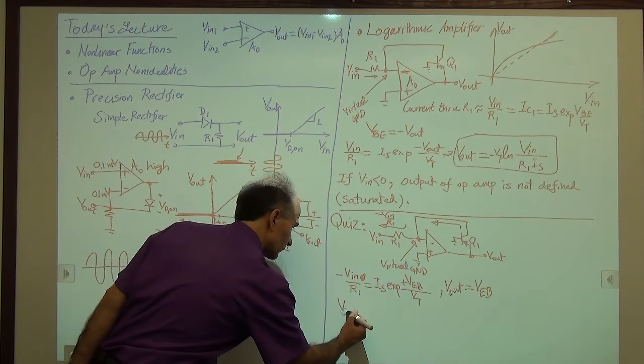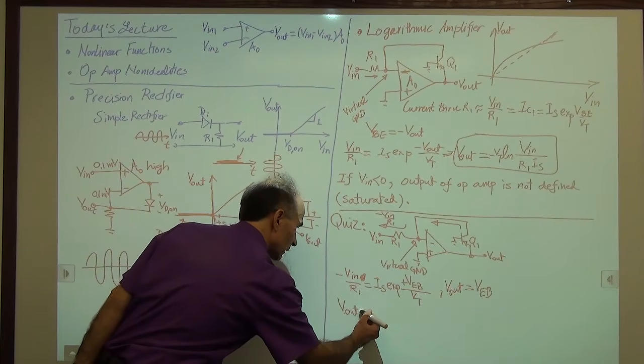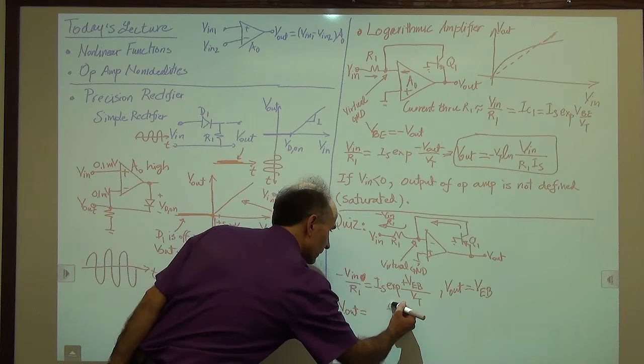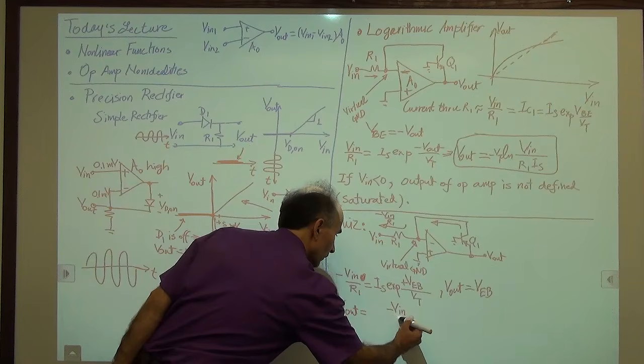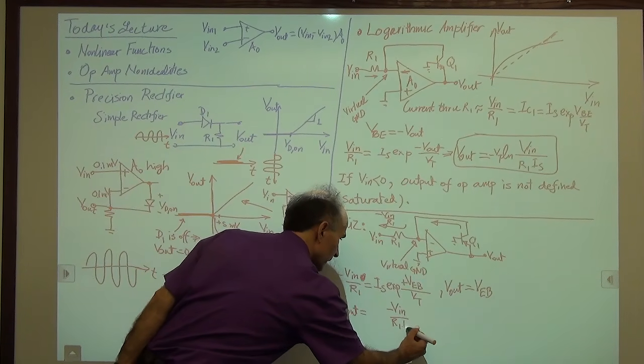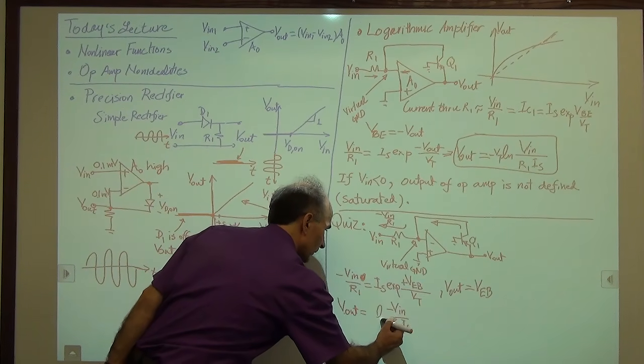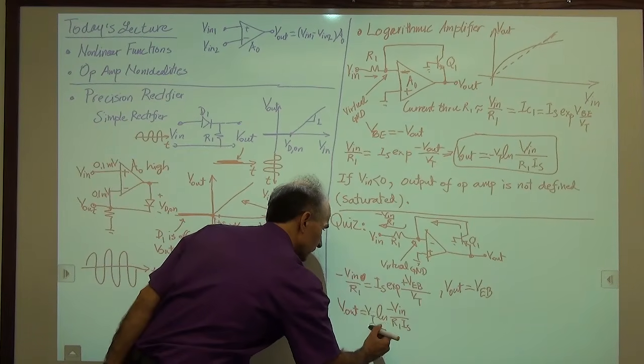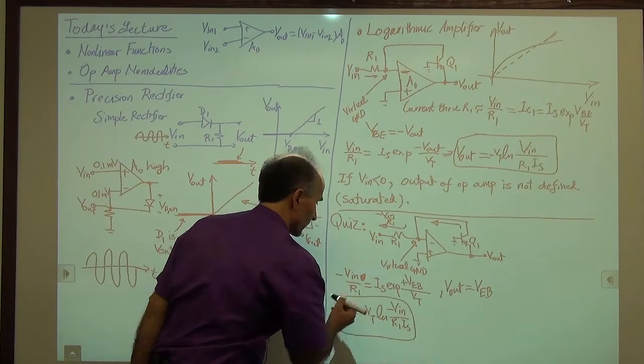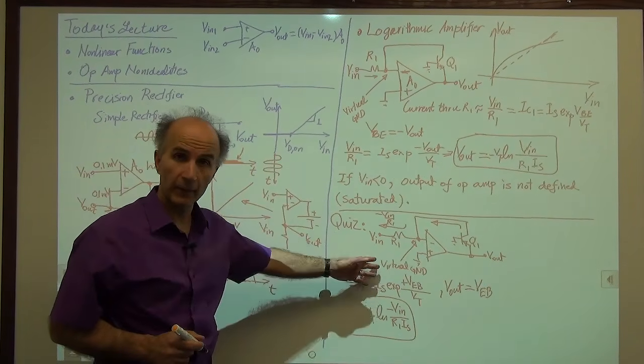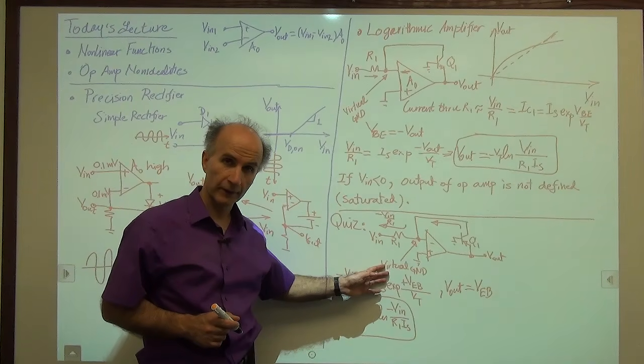So we have Vout is equal to VT times the log of minus Vin over R1 Is. And this is what we get for this type of logarithmic amplifier.